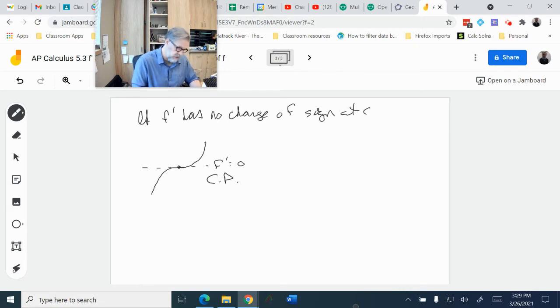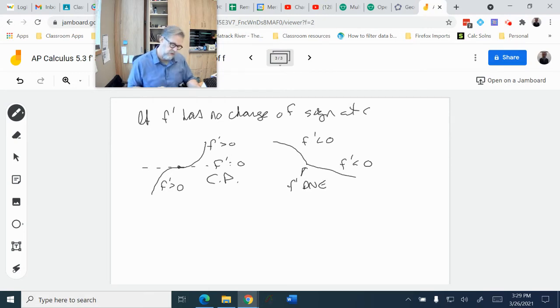But notice that the graph is increasing, and after the critical point, it is increasing, which means that there was no local extrema. And we could do the same thing with a corner: f prime less than 0, f prime less than 0, f prime does not exist because it's a corner.